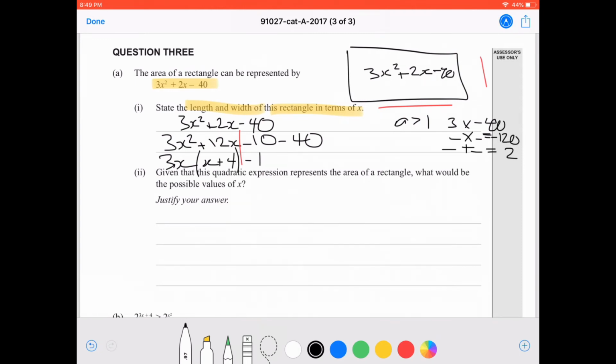Factorising the right hand side, this is x in here, and x plus 4. Okay, so we've got 3x minus 10 and x plus 4, and these two sets of brackets are our length and width in this situation.